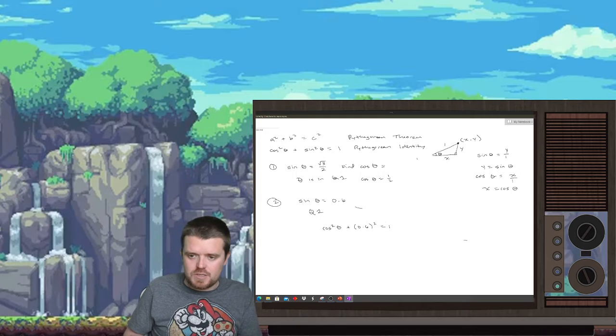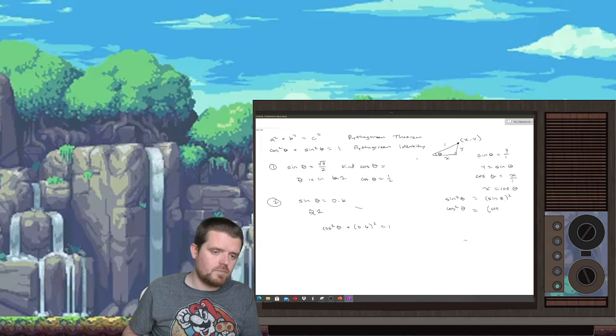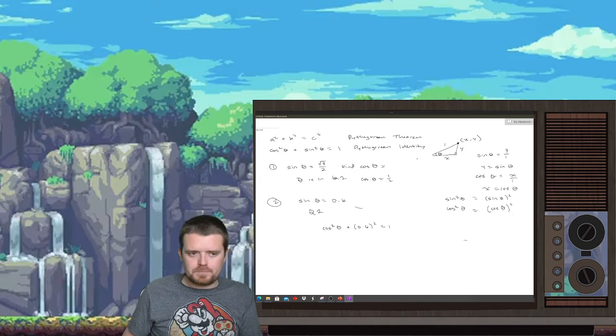And I would solve this just like any other algebra problem. Now, a lot of students get confused when they see either sine squared theta or cosine squared theta written. This is just like writing the sine of an angle squared, but it's saving us from having to write parentheses. Similarly, cosine squared theta is cosine theta quantity squared.